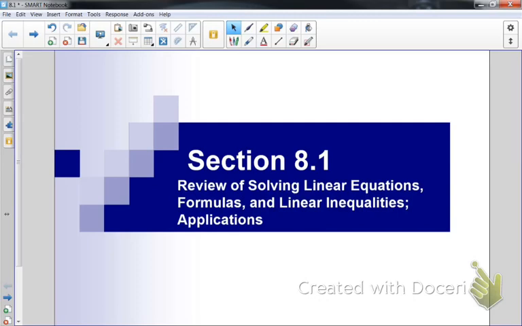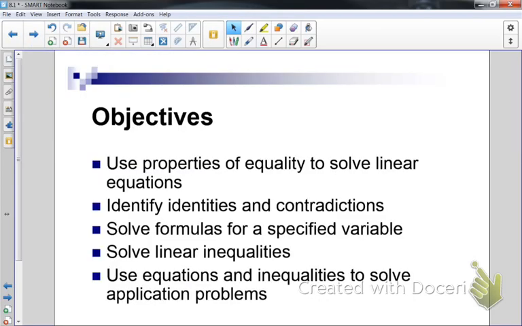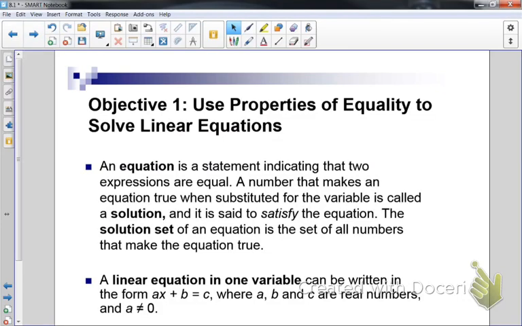So the objectives that we are going to be having for this particular section is using the properties that we have. Remember, combine like terms, distributive property, isolating the variable, and all that fun stuff that you learned the first course of this one, which was 410, I believe. So what we want to be able to look at is use the properties of inequality to solve linear equations.